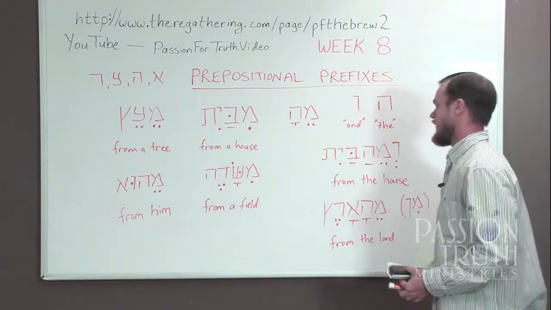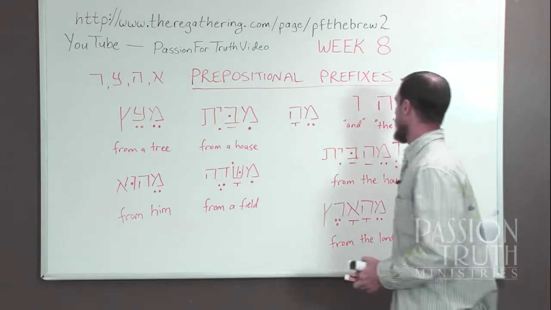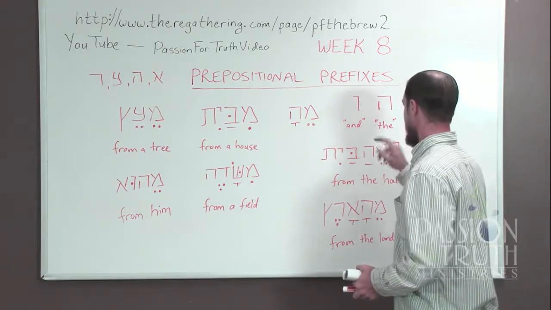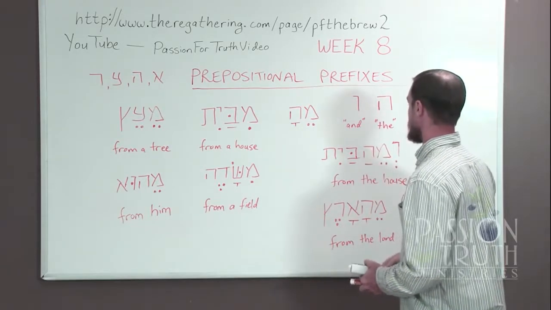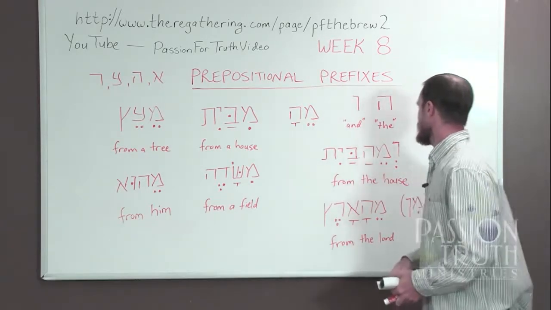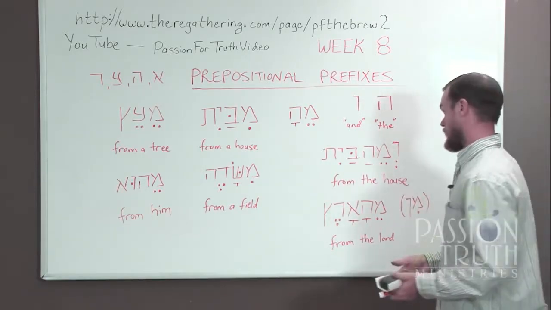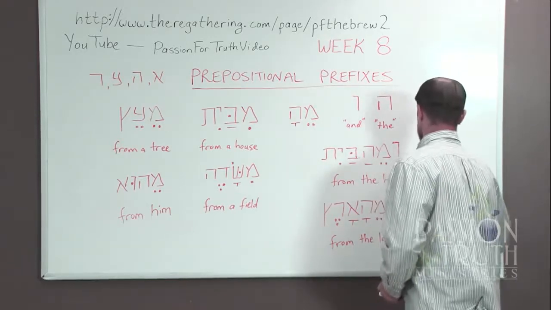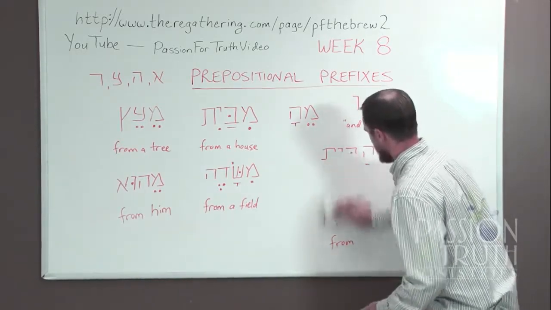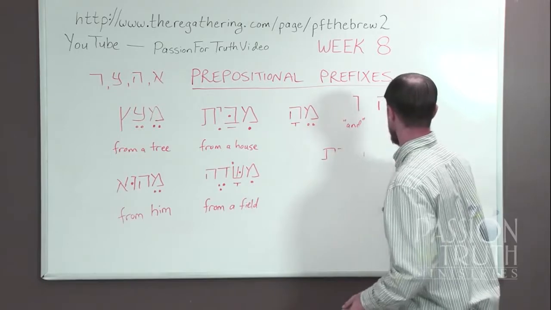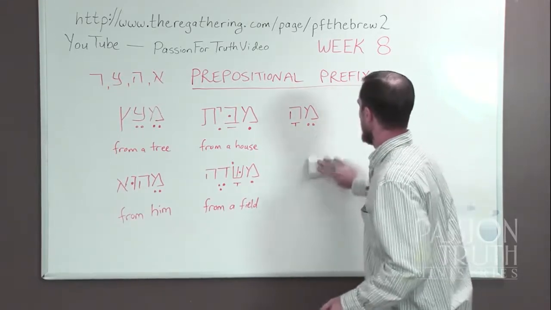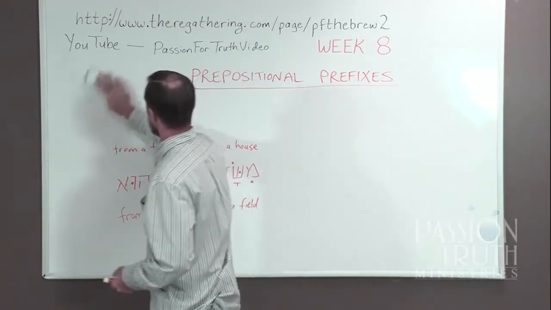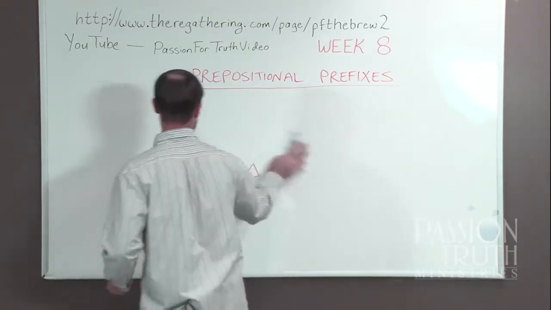So, the mem combines with the definite article by going before it. The vav combines with anything by going before it. However, the other three prepositional prefixes combine in a different way with the definite article.